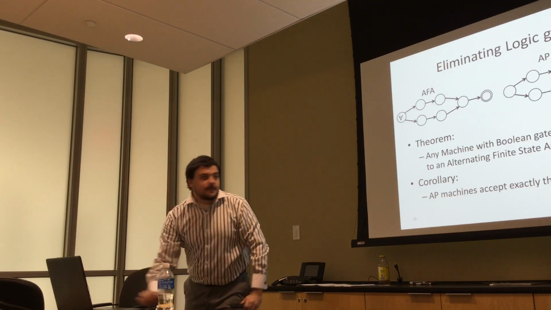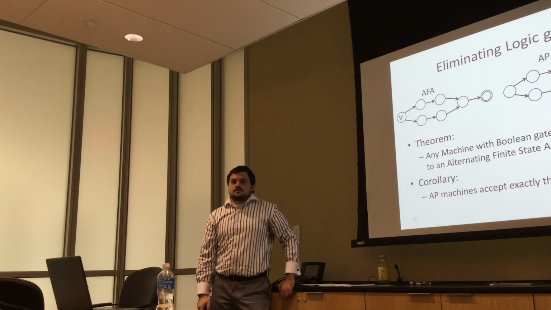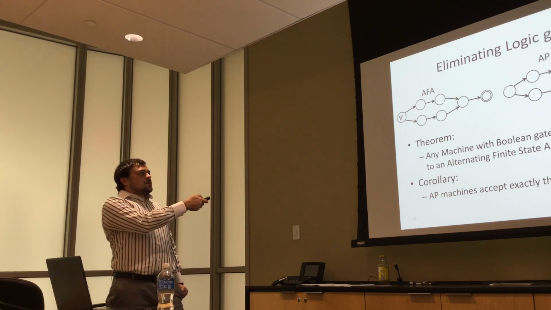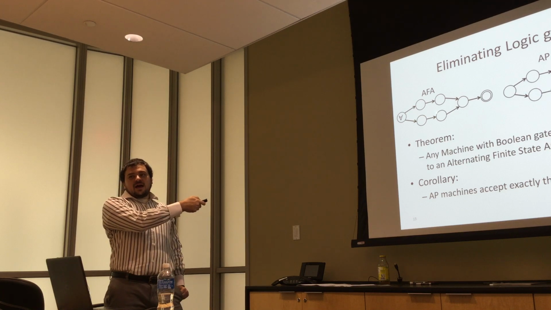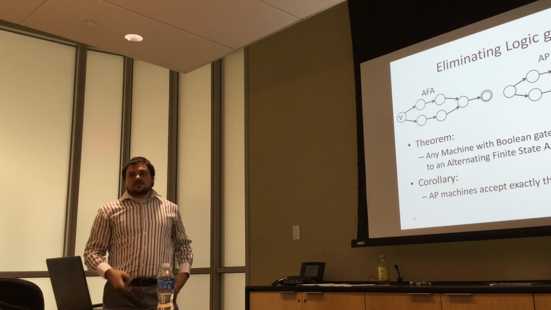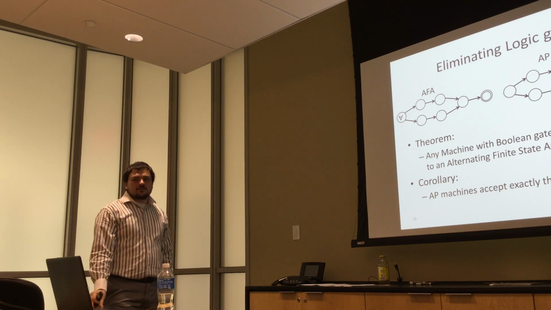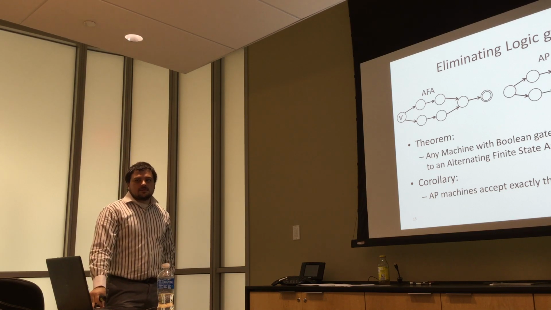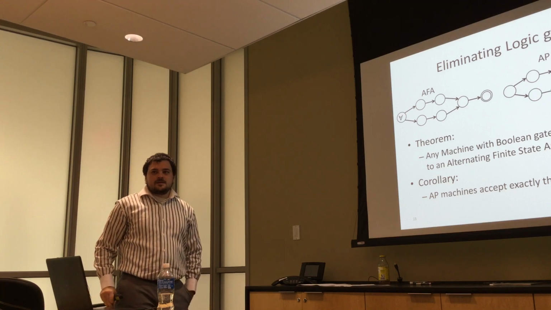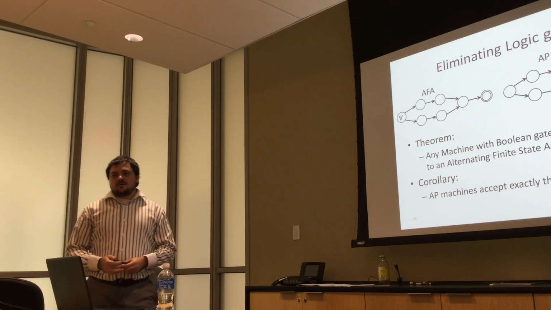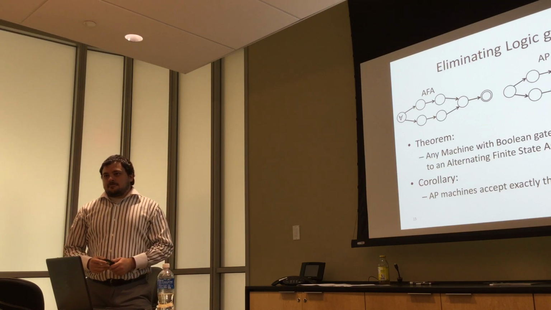You said that the idea is that both this upper path and this lower path have to be successful. I understand how you go from AFA to the right. I'm not sure of the argument that they are equivalent, that you can represent an AFA like the one to the left.